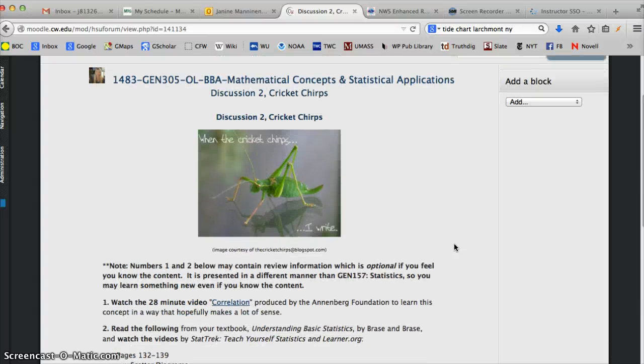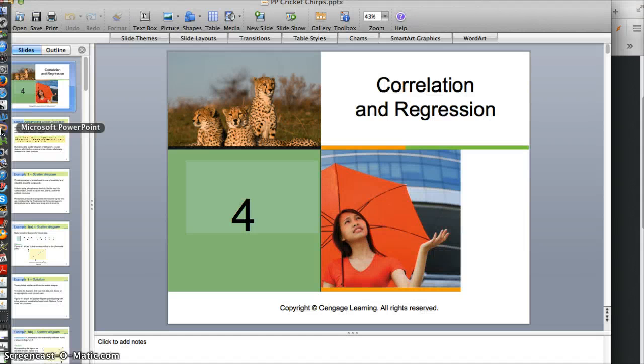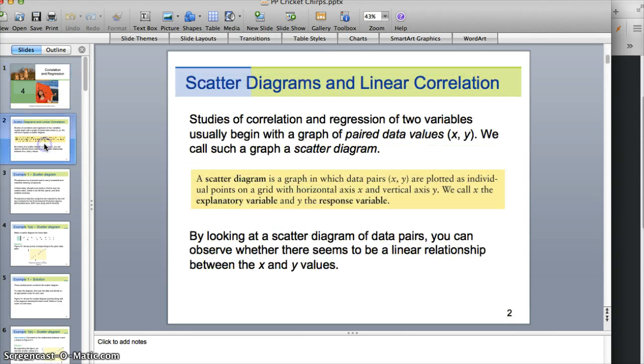So this particular presentation is for the discussion of Cricket Chirps and Chapter 4 in your textbook. Scatter diagrams and linear correlation. Studies of correlation and regression of two variables usually begin with a graph of paired data values, x and y. We call such a graph a scatter diagram.